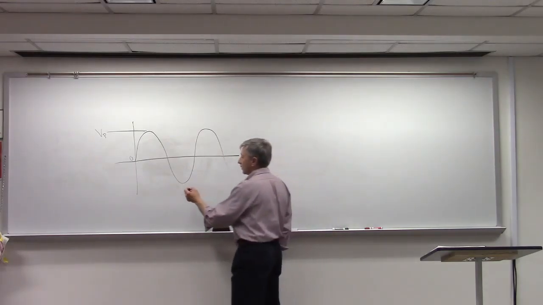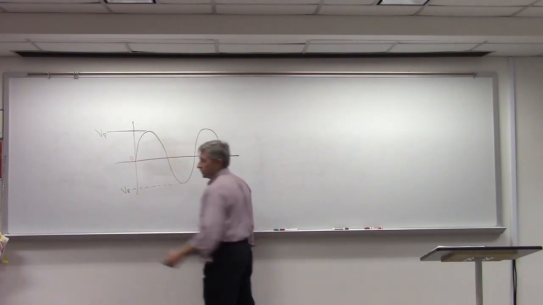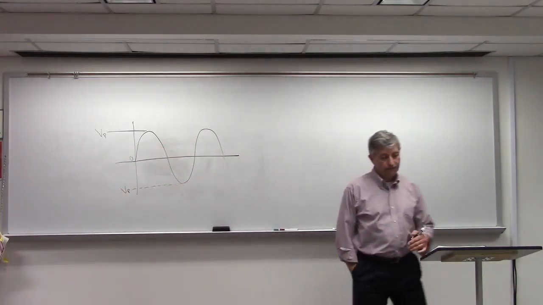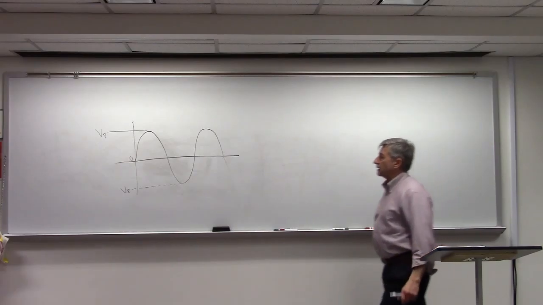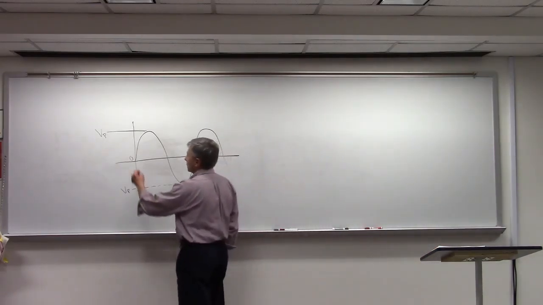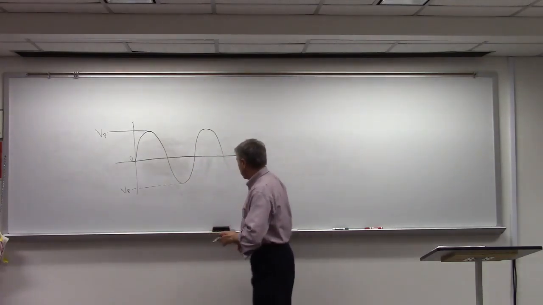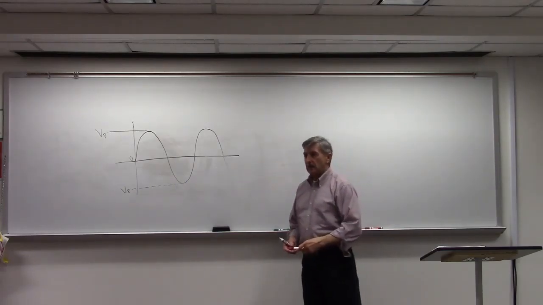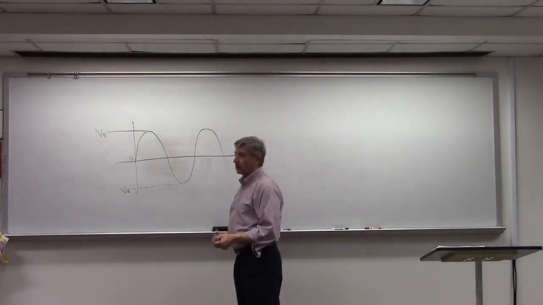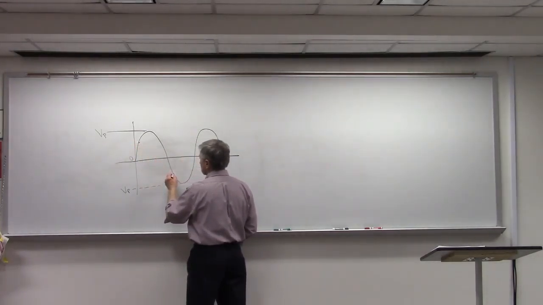Since these are symmetrical, this is also VP down here, so you just take one or the other. And then the second parameter that is mentioned is what is known as the instantaneous value. And that is nothing more than the value of the wave at any instant in either time or angle. So that would be an instantaneous value. This is an instantaneous value.